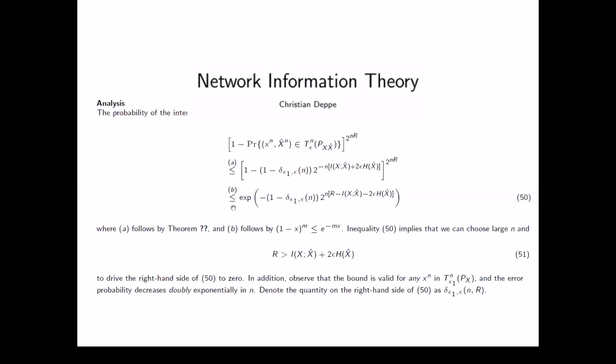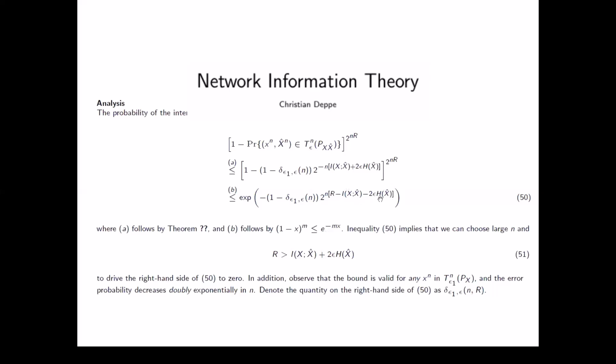And now we look at this. We want this to go to 0. Therefore, because we have a minus here, this exponent must be positive. And what must happen for this to be positive? The rate here must be bigger than this part, because otherwise it's negative and this doesn't go to 0.